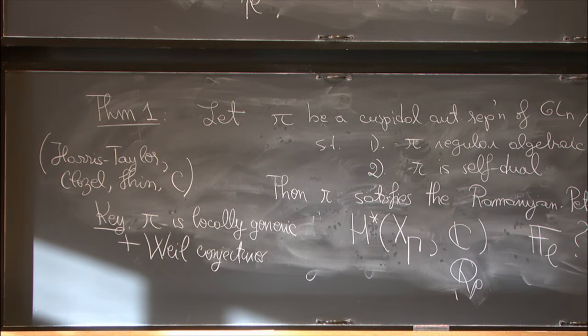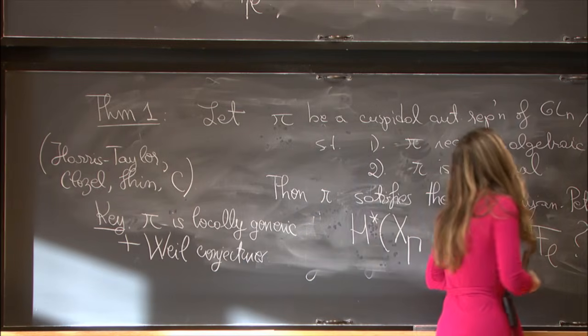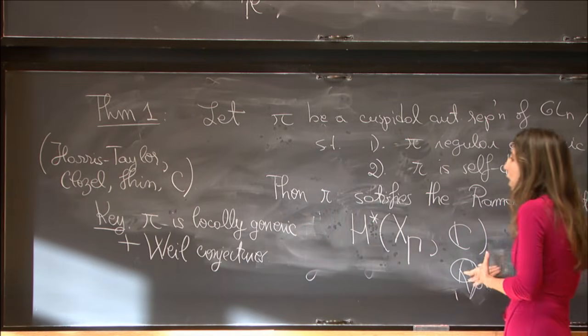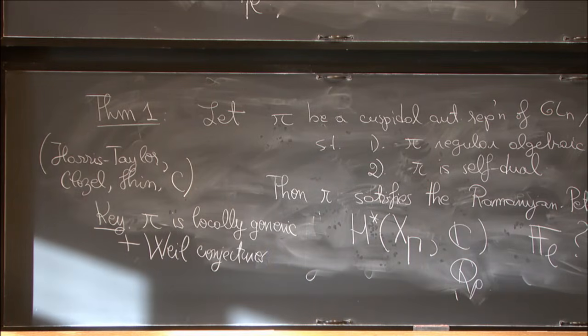And what they need for their strategy to work, well, they need several things, but one of the things they need is to know that non-degenerate torsion classes are concentrated in one degree. So for instance, if you could say that non-degenerate torsion only occurs in the middle degree, then you'd be in business.